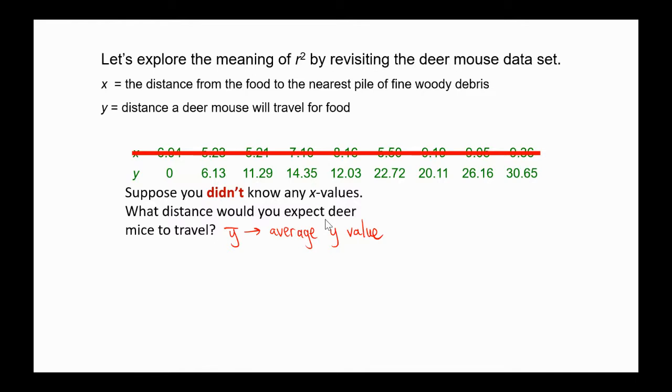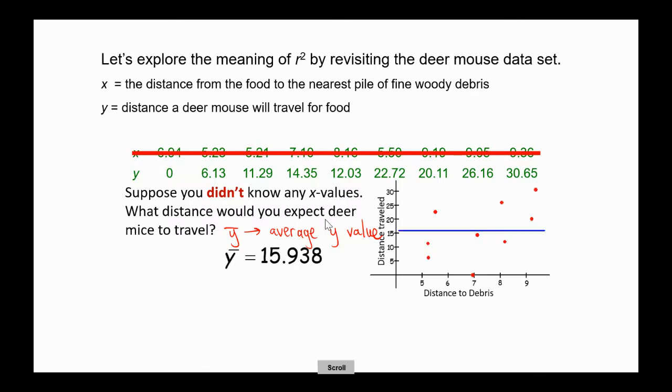And whenever you get the answer, let's hear it to 3 decimal places. Did you do the average Y's or the average X's? 15.938, that's right.